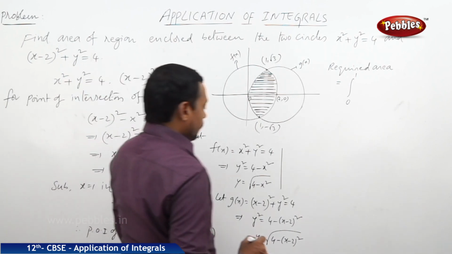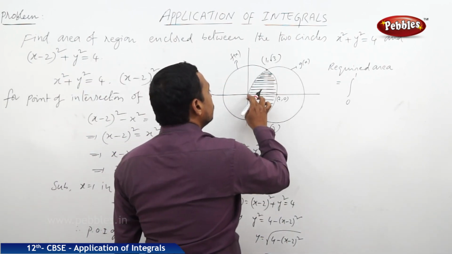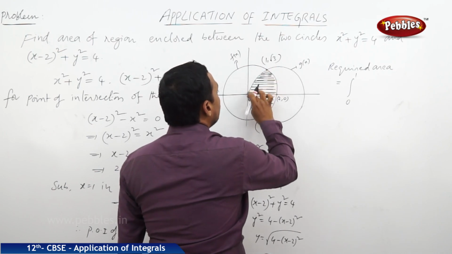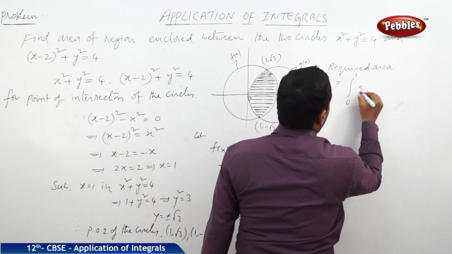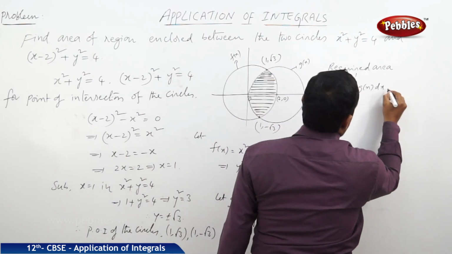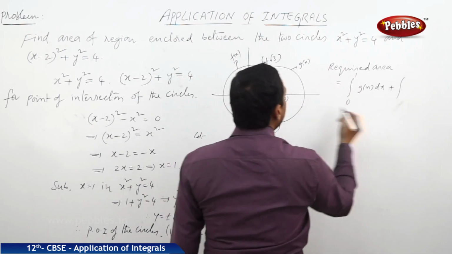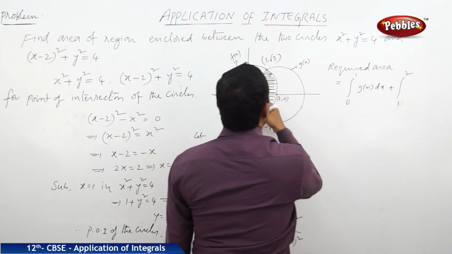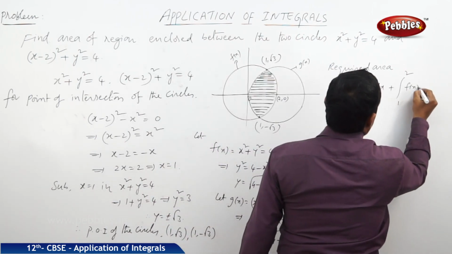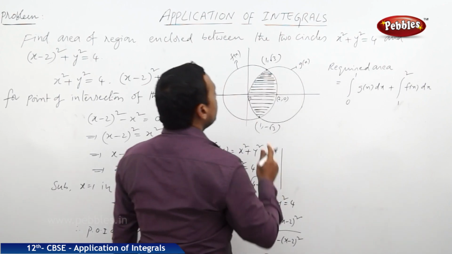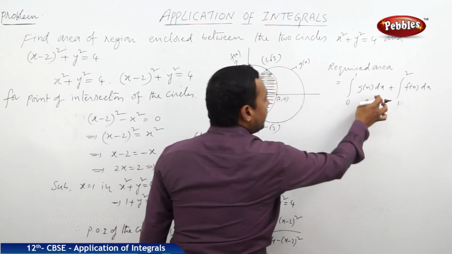Okay, right now. So, integrate the curve y is equal to g of x, g of x dx, plus integral of 1 to 2, integrate the curve f of x dx. But you know, this is the area of the region just above the x-axis when we integrate these two functions.